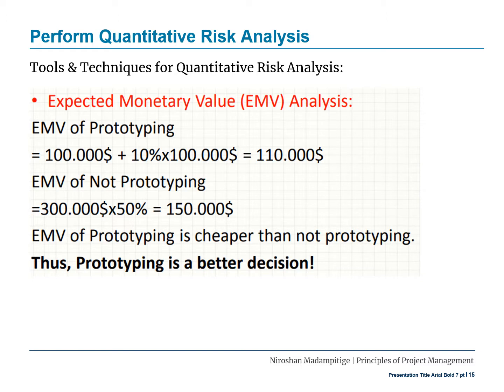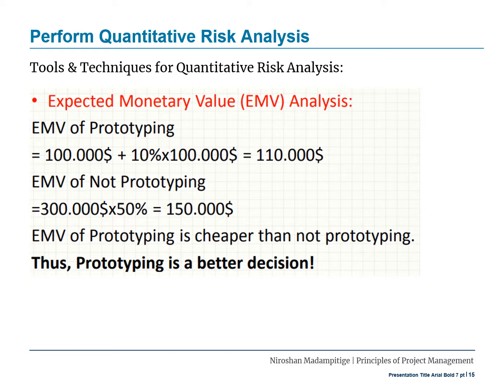So let's have the calculation in a detailed way. This is the scenario of prototyping. The expected monetary value equals 100,000 plus 10% of 100,000. So total comes to 110,000.